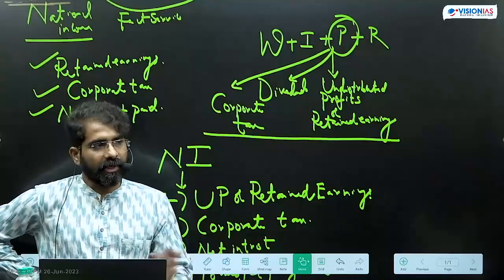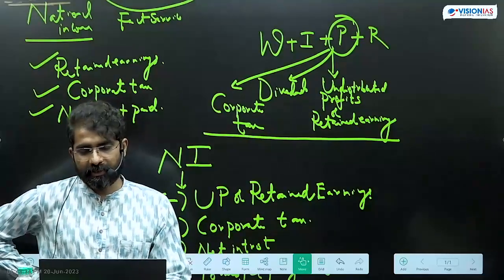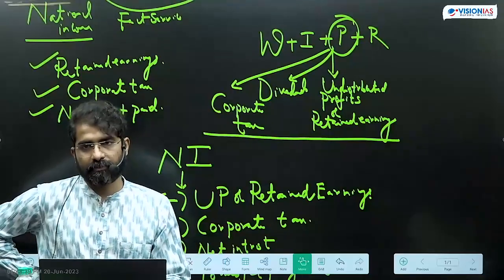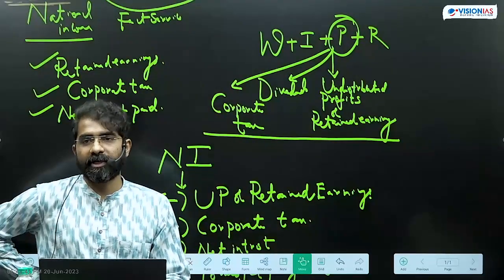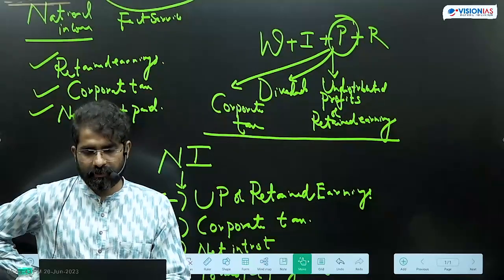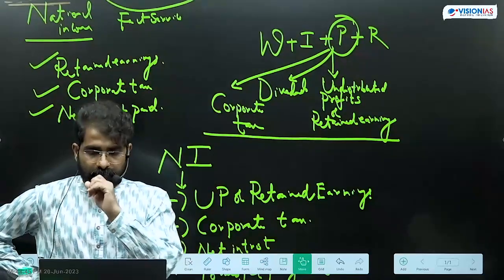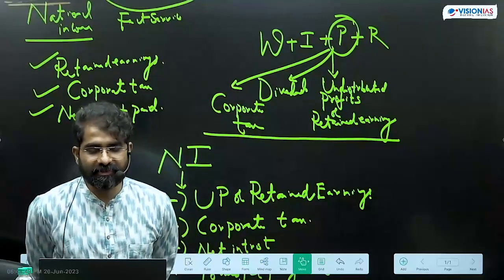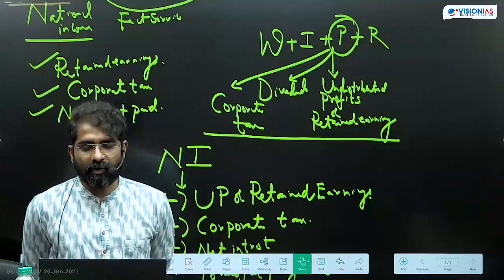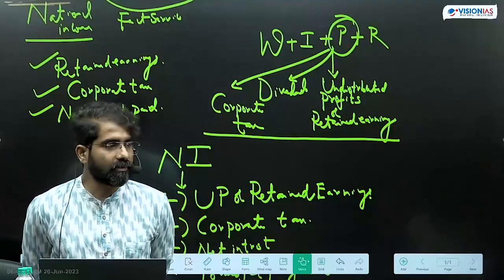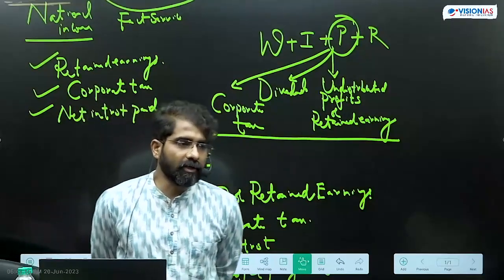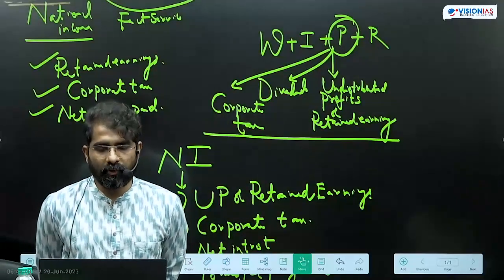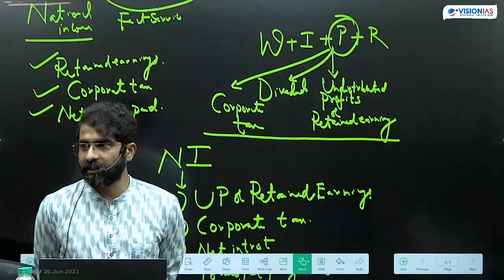Okay. Right hand side, write down under national income: undistributed profits of companies and corporate taxes are included in national income.